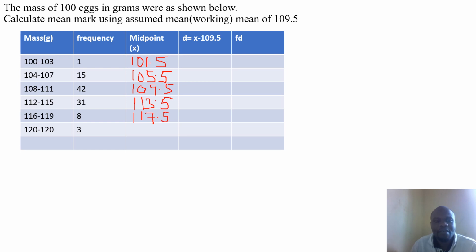And if I add 120 plus 123, this gives me 121.5.